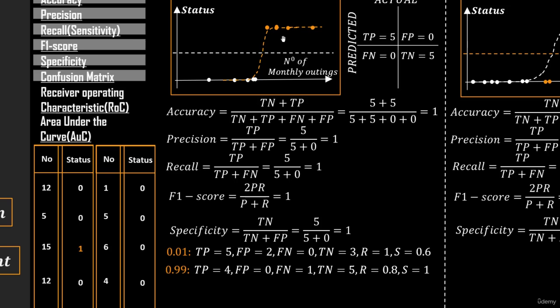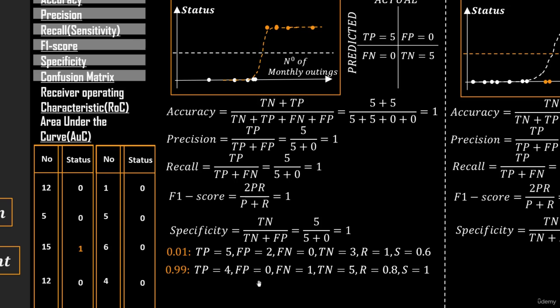And also, if we move this threshold from 0.5 to 0.99, we're going to be having the number of true positives to be 4. Now the reason we have this is actually because we're supposing that this point is just below the 0.99 mark, so it's going to be considered as a negative. So the number of true positives moves from 5, which was initially 1, 2, 3, 4, 5, to just 1, 2, 3, 4. So now we have 4.